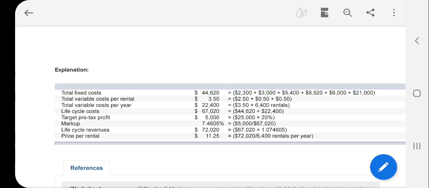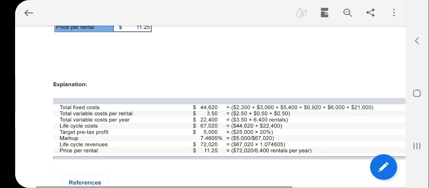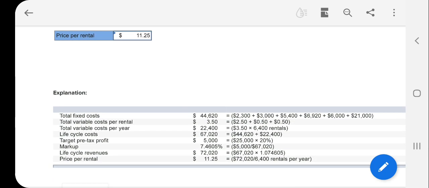In this question, the target profit is $5,000. So when you have these two numbers, you know that the revenue that has to be achieved to get that profit is $67,020 plus 5,000, because profit is equal to revenue minus cost.